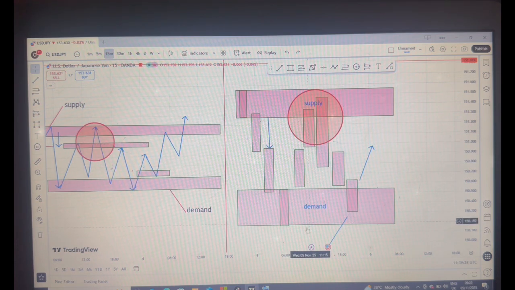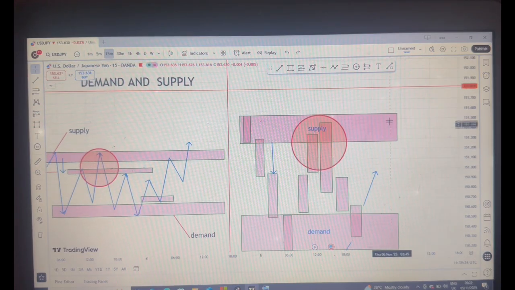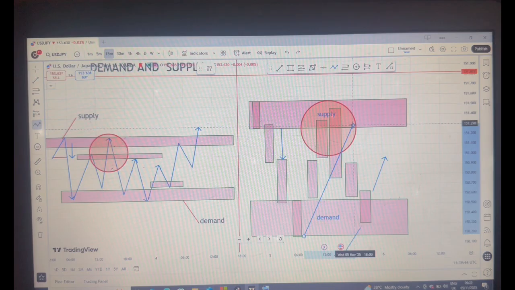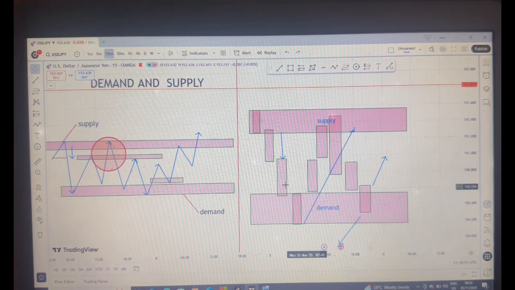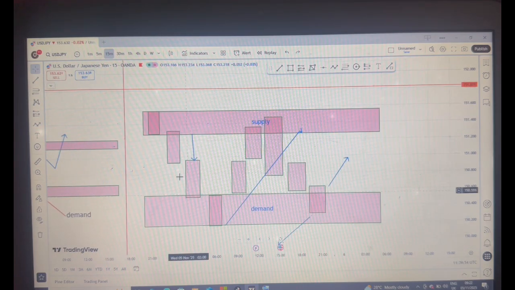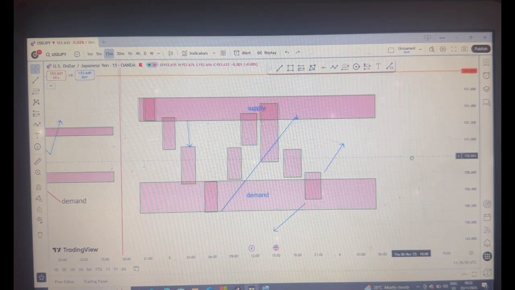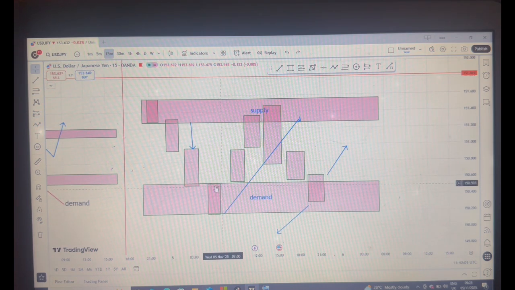The upward move here. So let's just focus on this. I mark out the last bearish candle before the upward move.